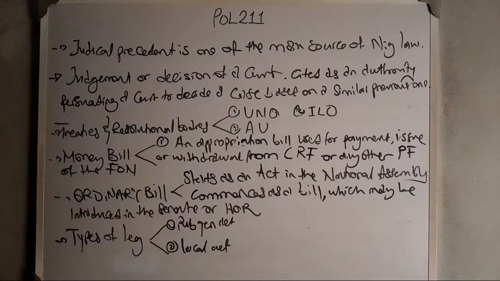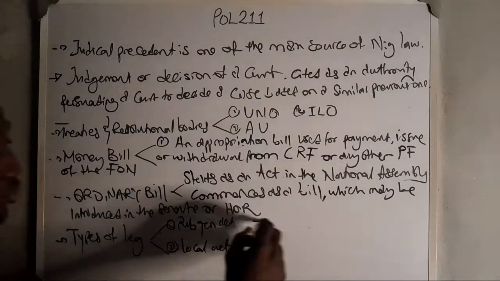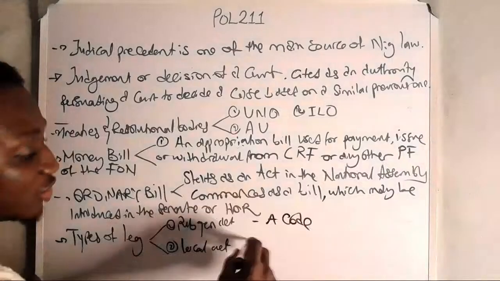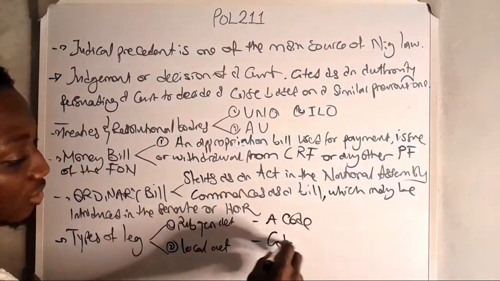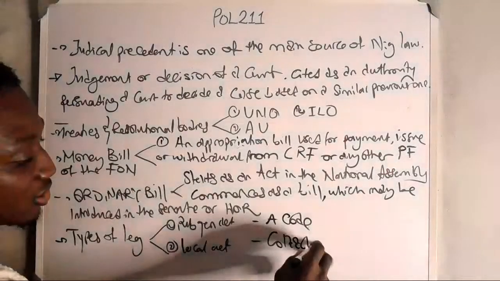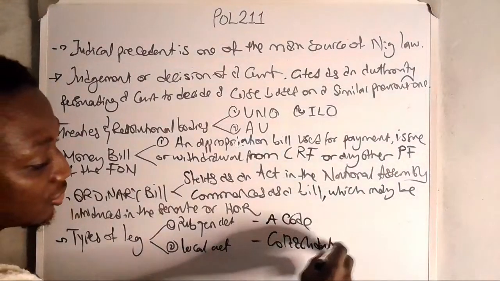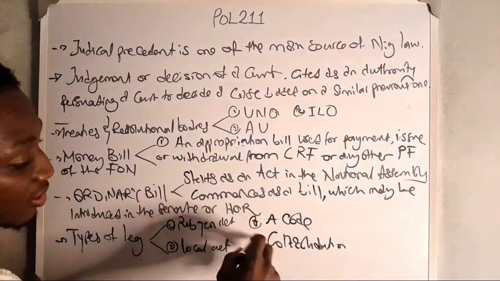Also, we have a Code. A code is also a statute which attempts to put together in one document the provisions of existing legislation, just like consolidation. So we have four.